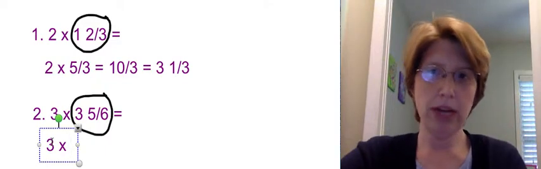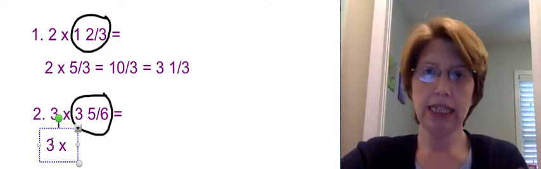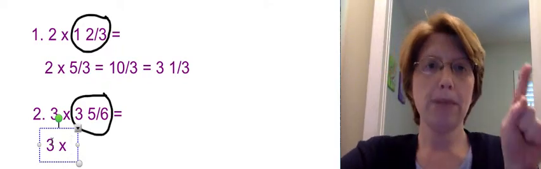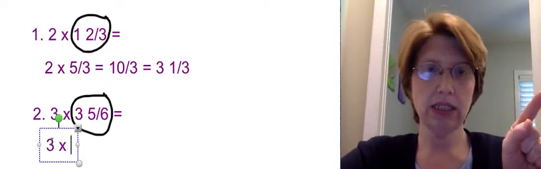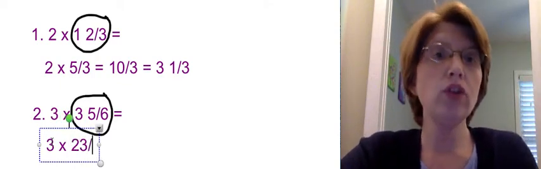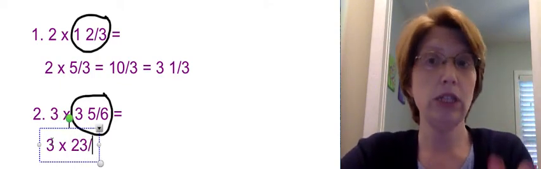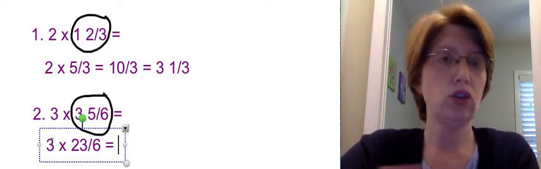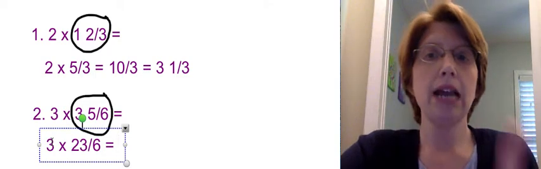Start at the denominator, which is 6. 6 times 3 is 18 plus 5, 23, and I put it over the denominator, which is 6. Now I multiply straight across. 3 times 23.